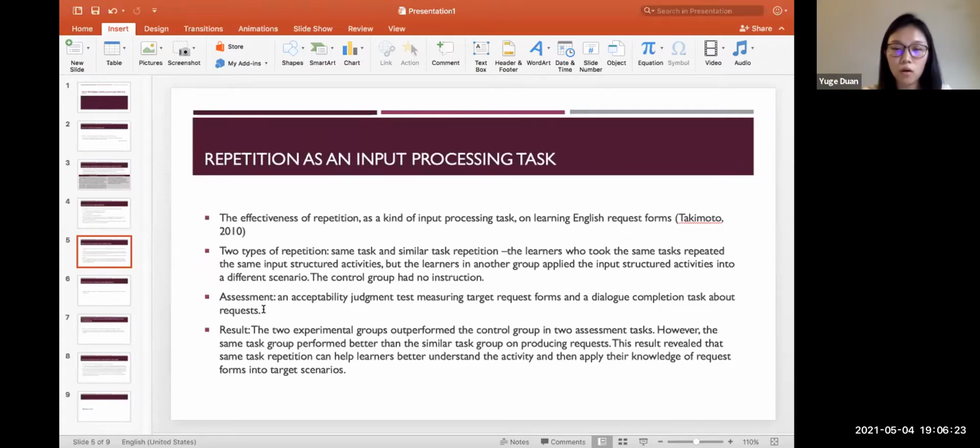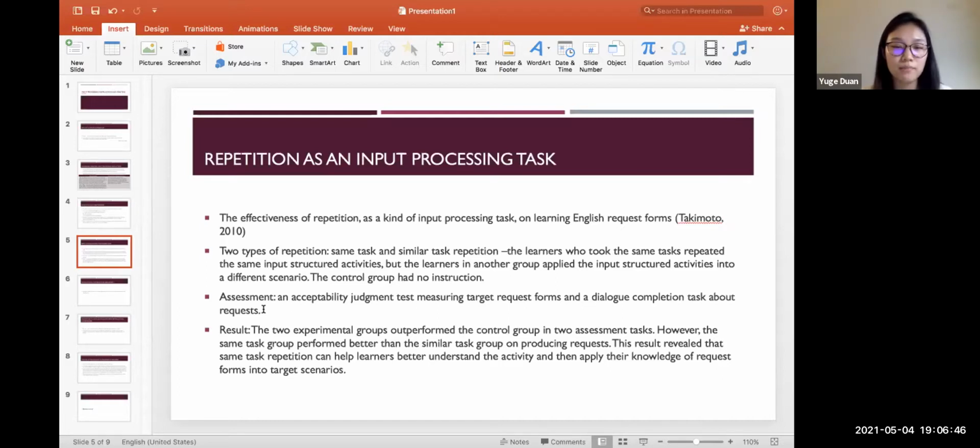Assessment is also applied. It is an acceptability judgment test mirroring target request forms in a dialogue, and requests. So the result suggests that the 2 experimental groups outperformed the control group in 2 assessment tasks.